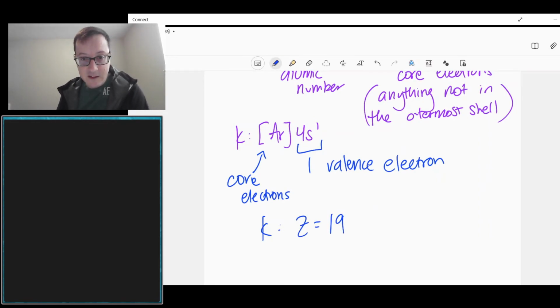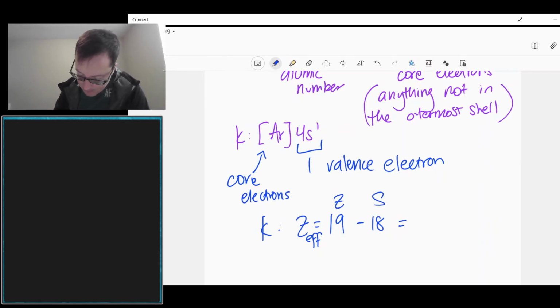We have one valence electron, which means the other 18 are core electrons. Here's Z, here's S. We're predicting the effective nuclear charge of potassium to be +1. In reality, it's probably a little bit higher, but that's okay. We don't need to worry about that. Notice that this number is also just the number of valence electrons, the number in the outermost shell. So for potassium, that's shell 4. All the stuff in argon is all core electrons.